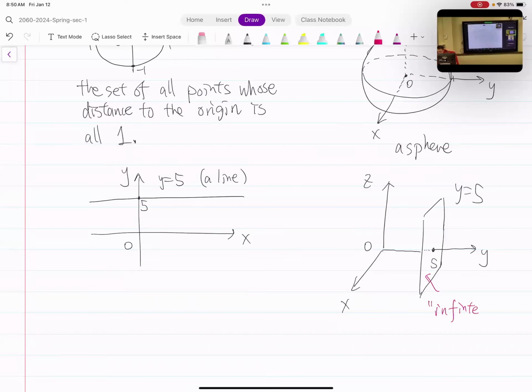We don't really have a boundary. But as an illustration, a plane is just going to be something like this.